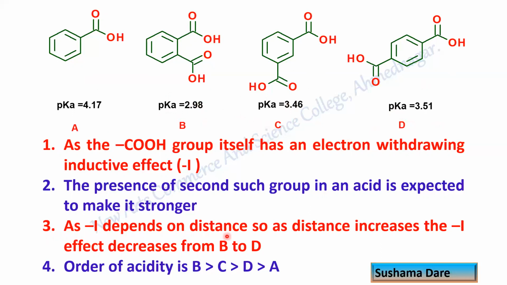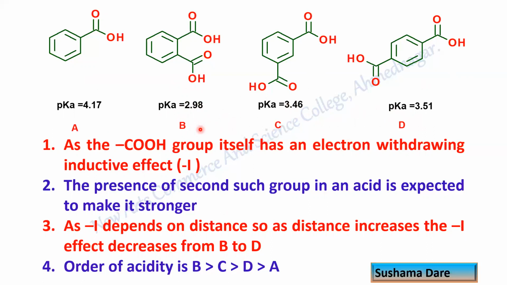As minus I effect depends on distance, so as distance increases, the minus I effect decreases from B to D. So the strength of the electron withdrawing inductive effect decreases from B to C to D. As the strength of minus I effect decreases, the stability of the conjugate base decreases in the same order.